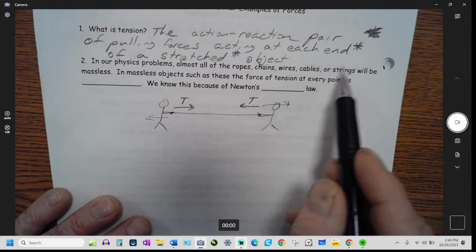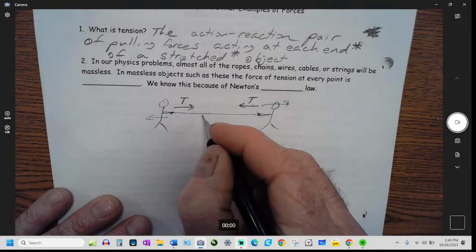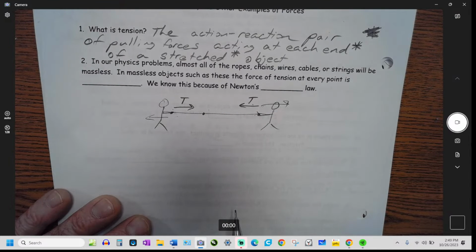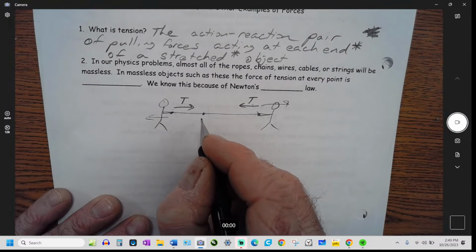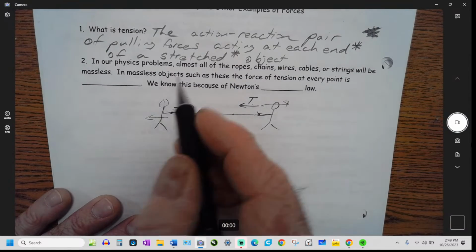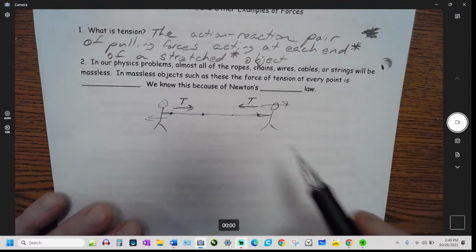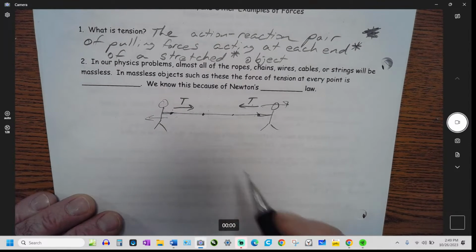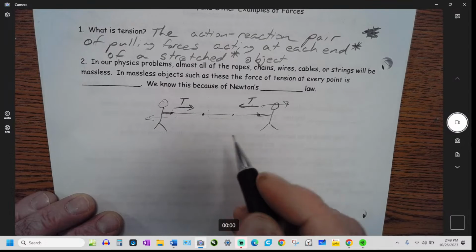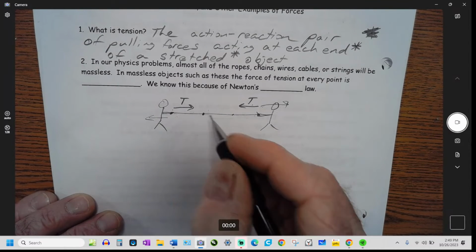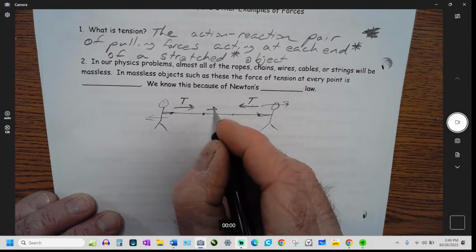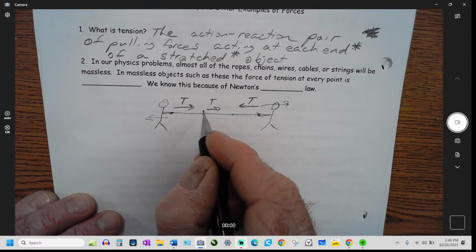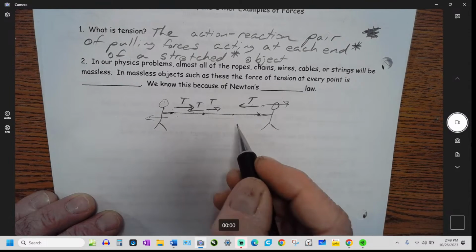And now the asterisk is this. Is there any tension right here? Yeah. So right, it's everywhere in the string. So it's not just at each end. We're going to be drawing it at that because it would be ridiculous to draw all the tensions that you could possibly draw. There'd be an infinite number. So if you thought about what's happening to this point, this end of the string is pulling that way, and this end of the string is pulling this way with the same tension.